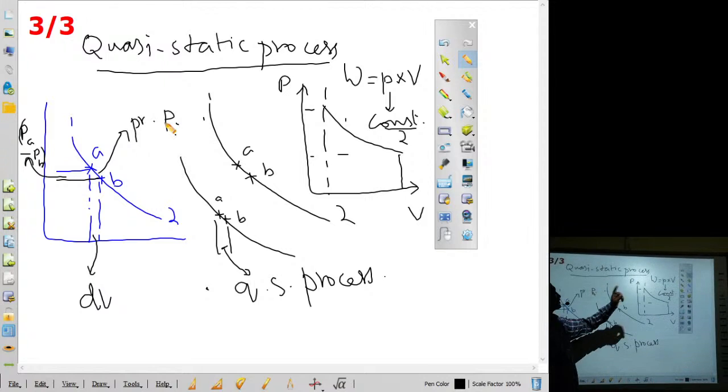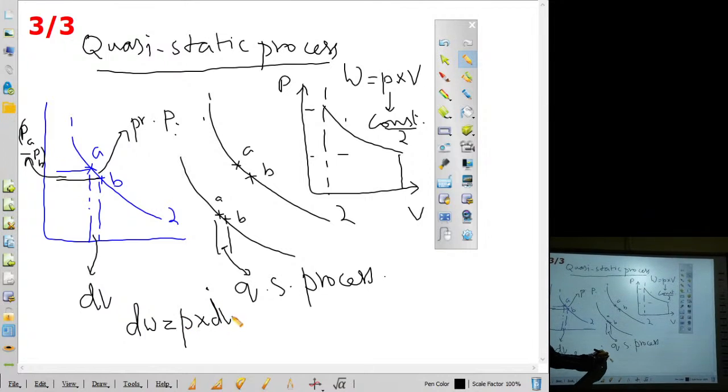So quasi-static process and constant pressure match, because it is a very, very small change. So work done also will be very small, so small that it will be given in differential form. That will be equal to P, change in volume dV. So this is the work done for one small step.